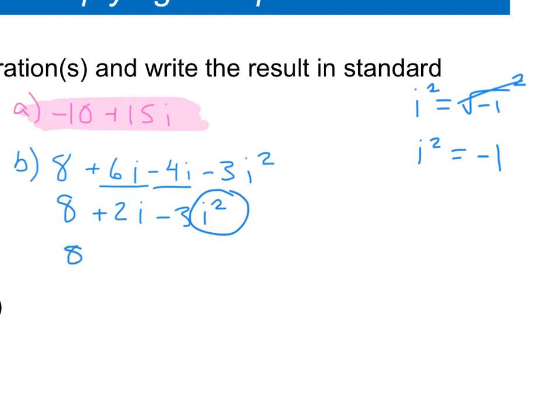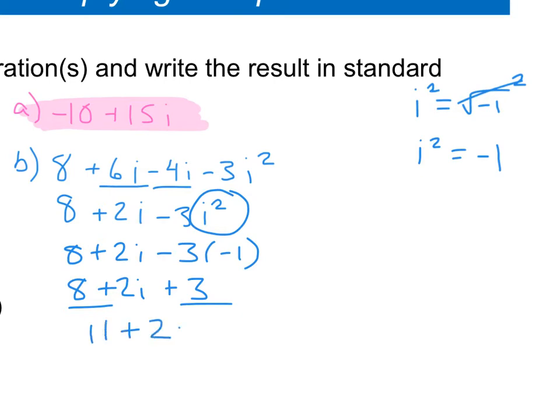So we have 8 plus 2i minus 3 times negative 1. So this would be 8 plus 2i plus 3, because we're multiplying. Negative 3 times negative 1 would be positive 3. And then again, we combine our like terms, so we have 8 plus 3, this would be 11 plus 2i.